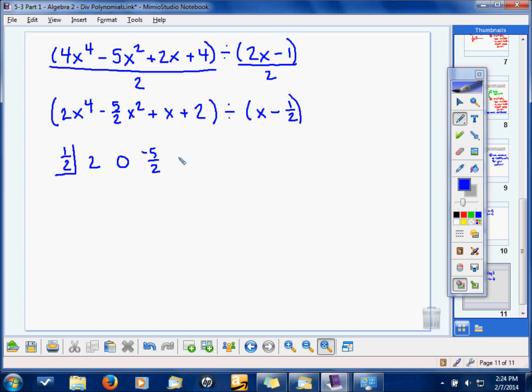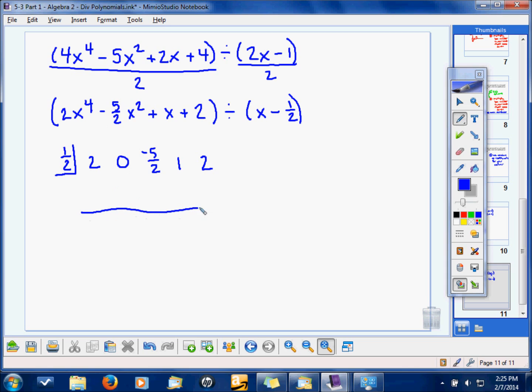X gets a 1, and then you have a 2. So watch out for the placeholder. That is important. I'll tell you right now, your quiz is going to show one that's got a placeholder. So you need to make sure you put in placeholders. If there are missing pieces, x to the third is missing, it needs to get a 0.